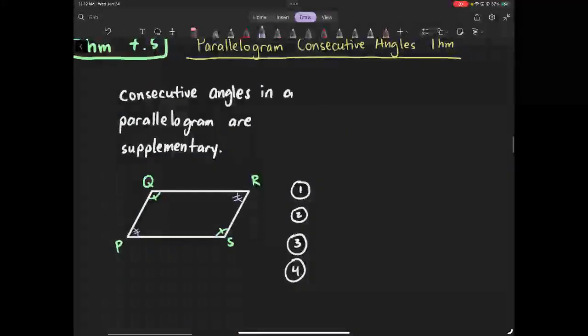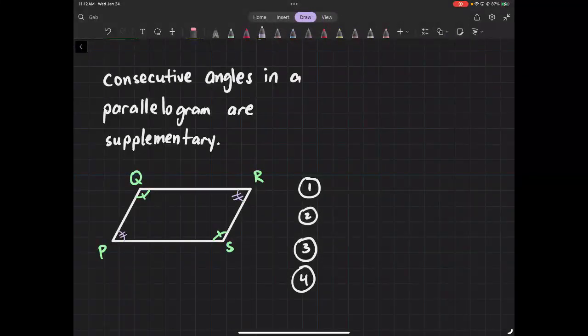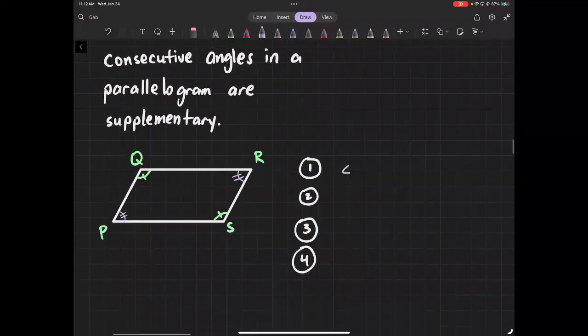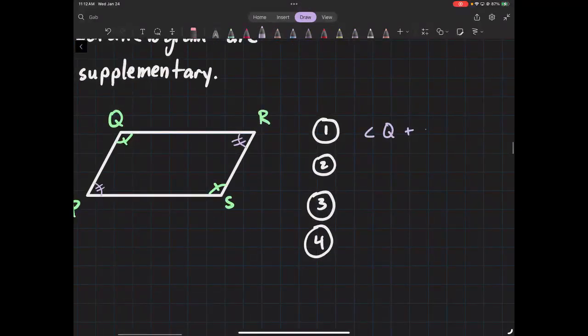So right here, consecutive. So then can you guys help me out? If we know that consecutive angles add up to 180, let's start with angle Q plus angle R equals 180. Okay, I'll just go with cards. Jeremy? Do you know which 2 consecutive angles give me 180?